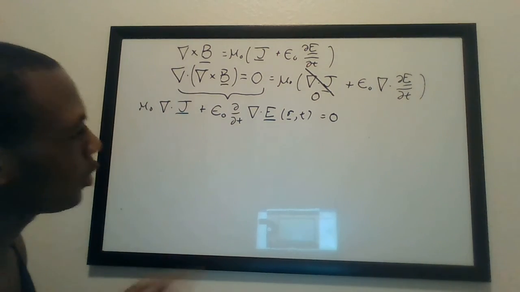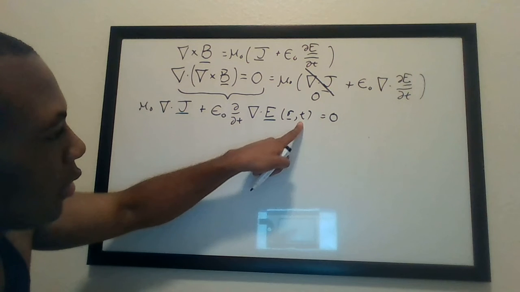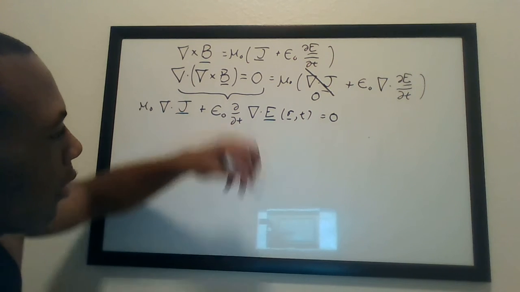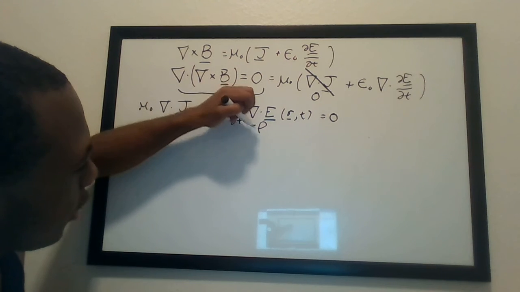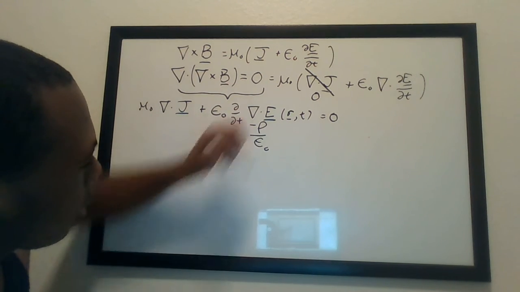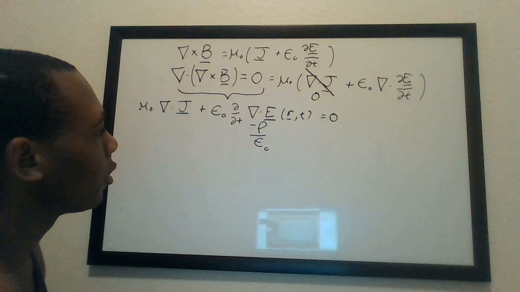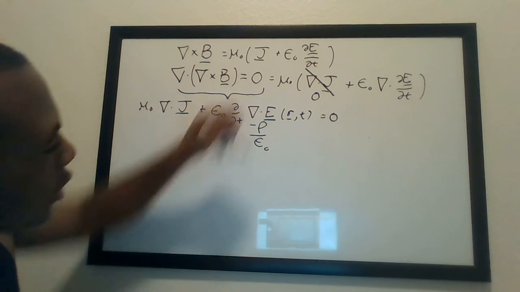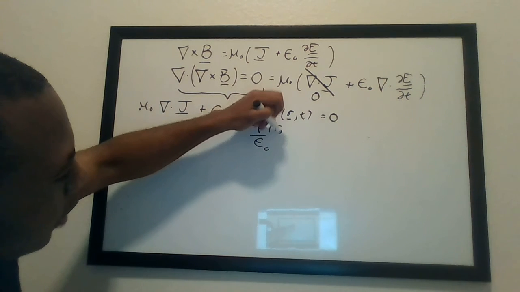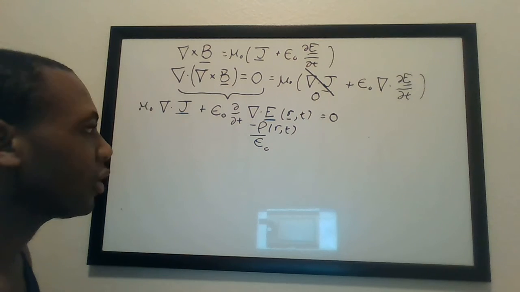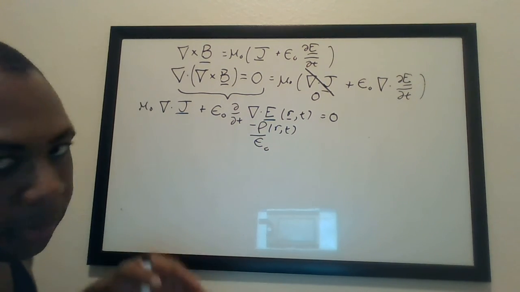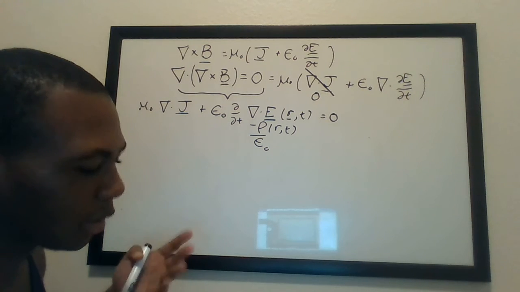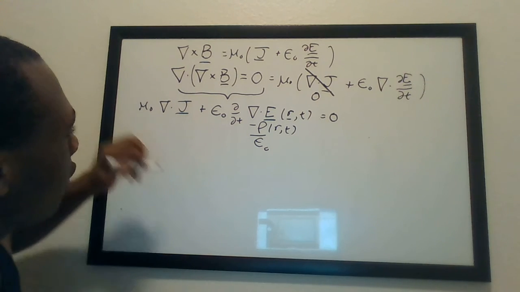First and foremost, this here, despite E being a derivative of time, is still a charge density, or minus a charge density over epsilon naught. Except that this charge density is a function of position and time. This is Gauss's law for a changing or time-dependent electric field.